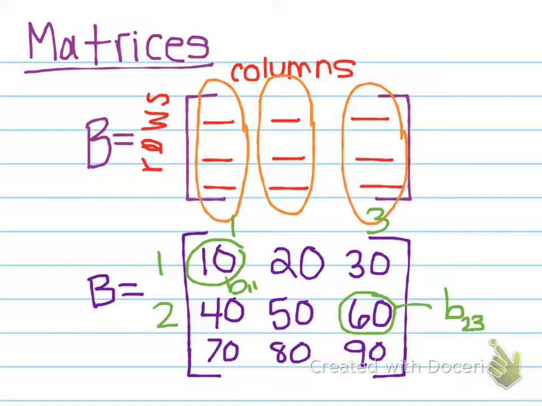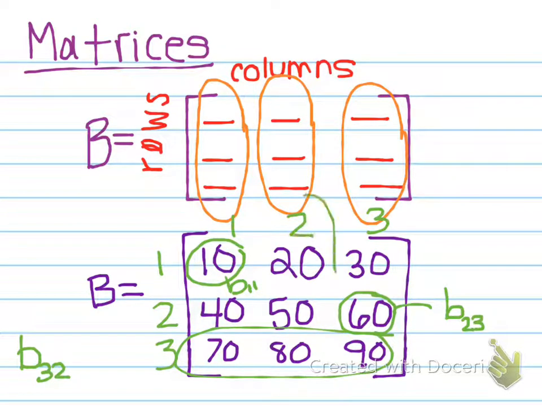And that's the position. So then if I said, okay, what is the value at position B3,2, you would go to the third row and the second column, and their overlap is 80. So 80 is at the position B3,2.